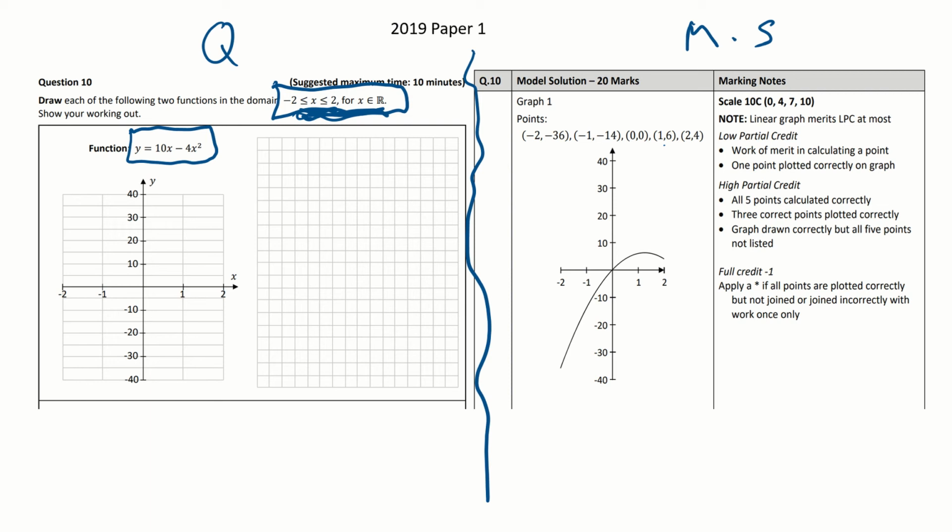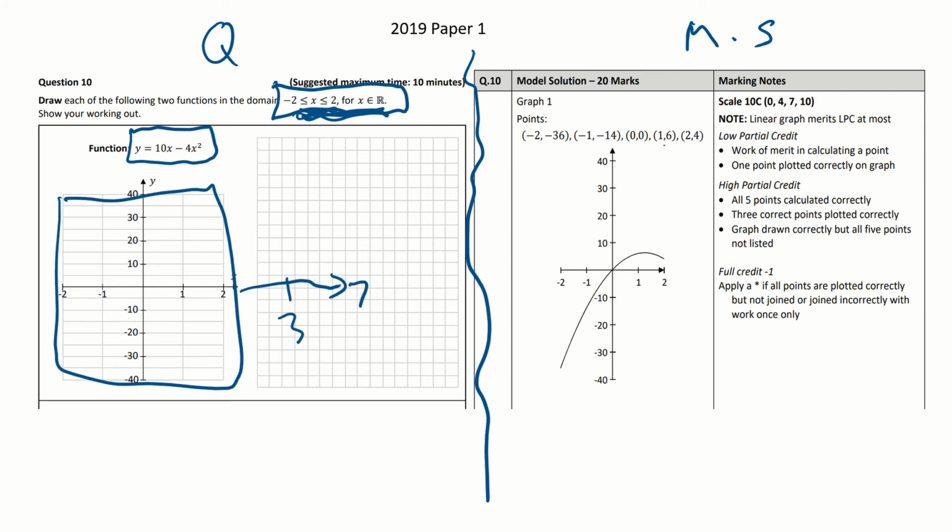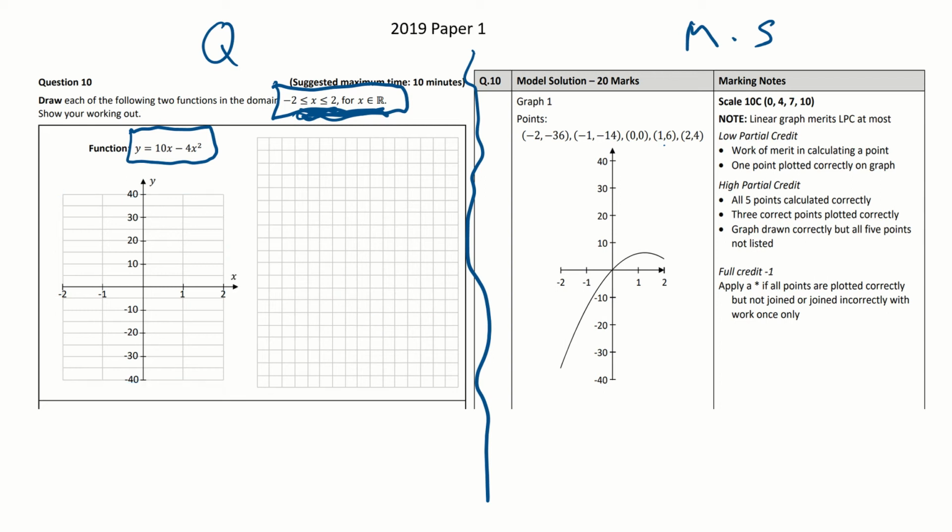So in this one, we're only looking at this little segment of the graph, but of course the graph could go on to 3, 4, 5, and back to -3, -4, -5, back to minus infinity, and up to plus infinity as well.